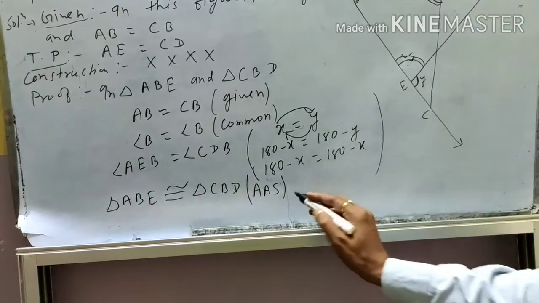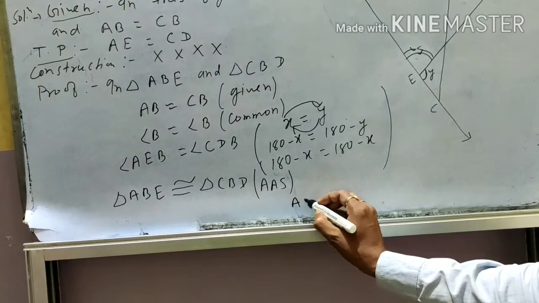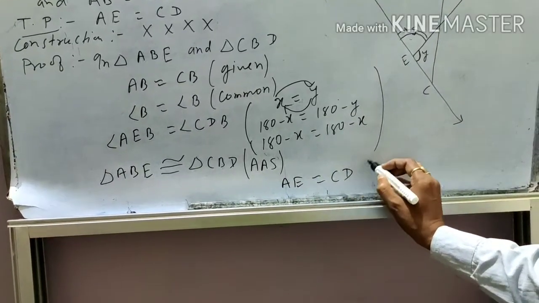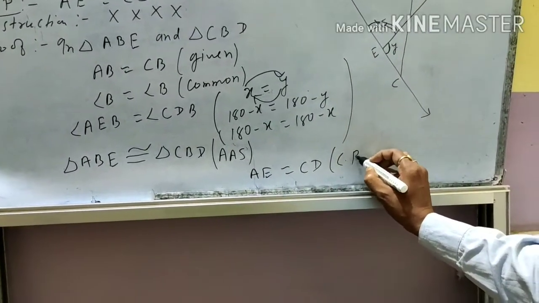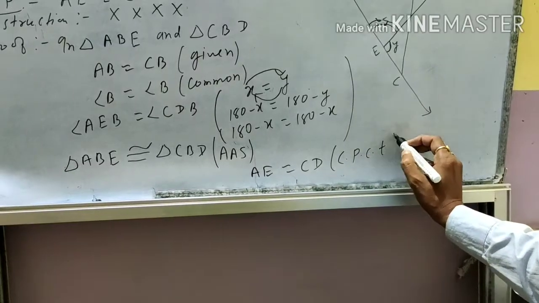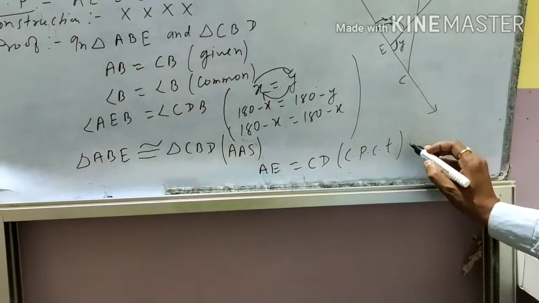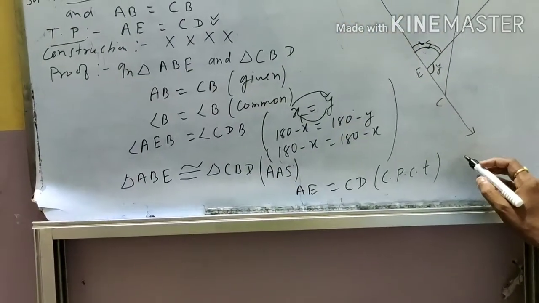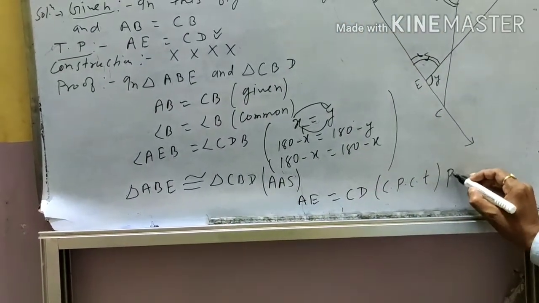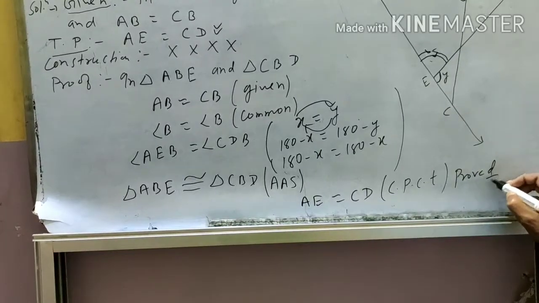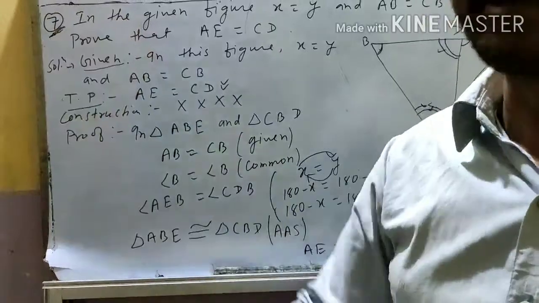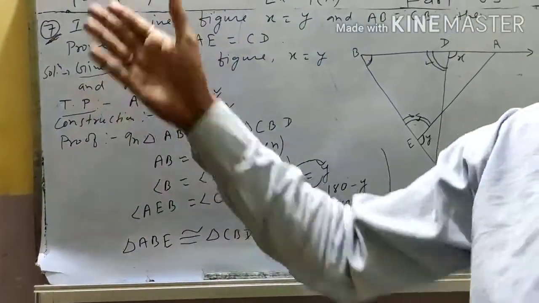By CPCT, we can write AE is equal to CD. So by CPCT, this is your proof: AE is equal to CD. Write down here proof. Okay, student, question number 7 is complete. I hope you will understand this question.